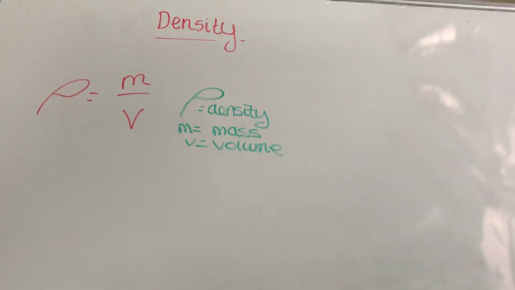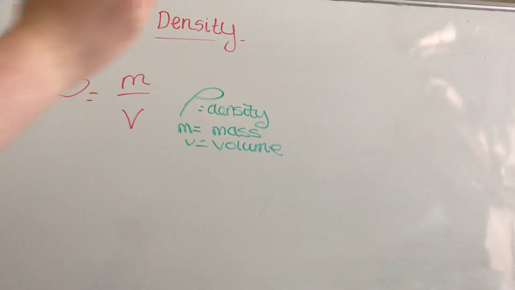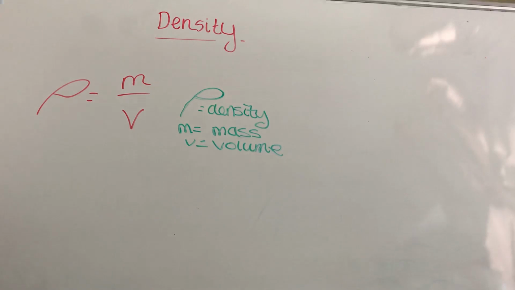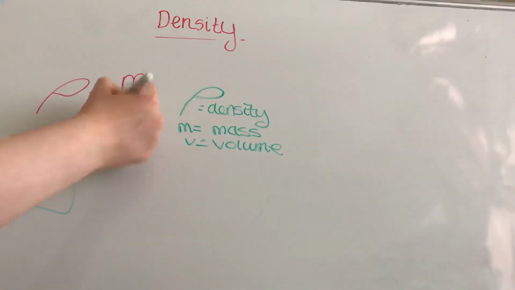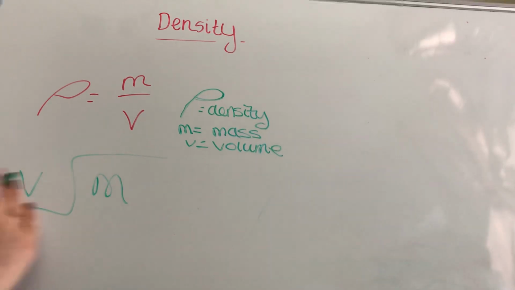The formula for figuring out the density of an object is density equals mass over volume. That means you divide the mass by the volume. To remember that, the denominator, the bottom of the fraction, the bum, goes out, so the V is on the outside and the M is on the inside.